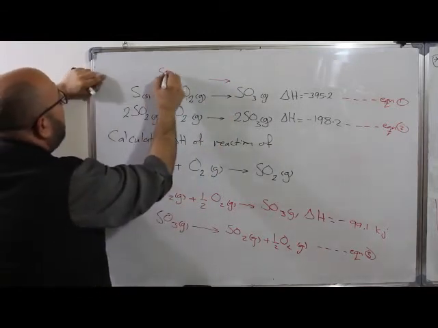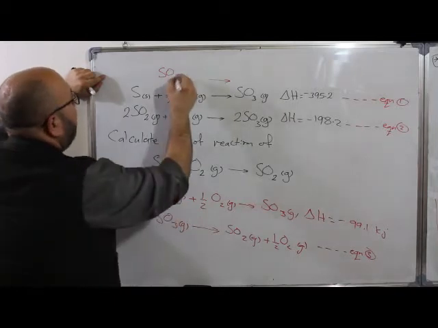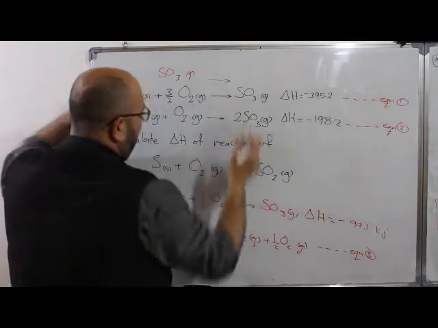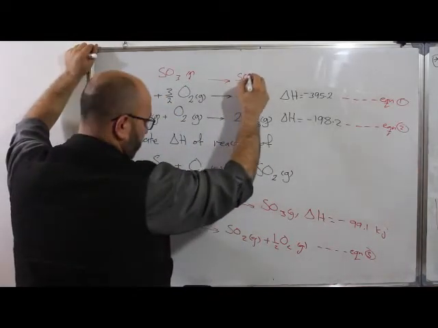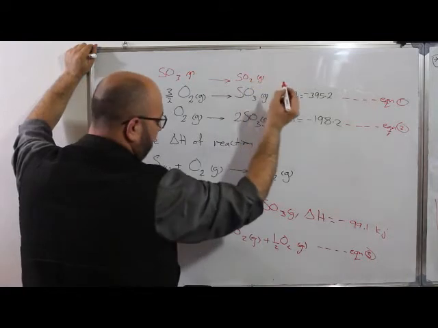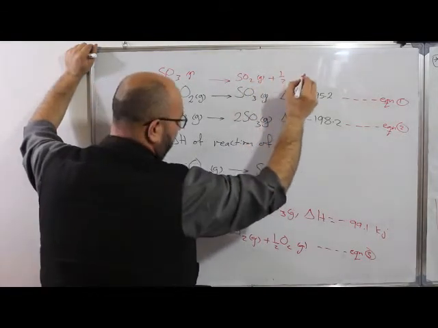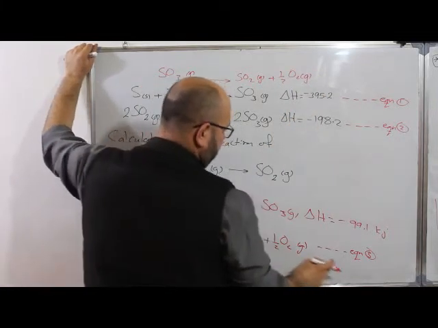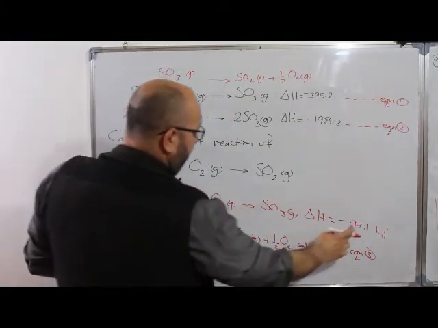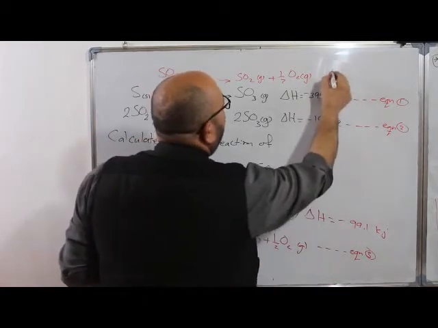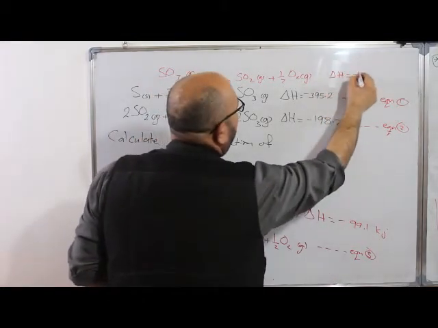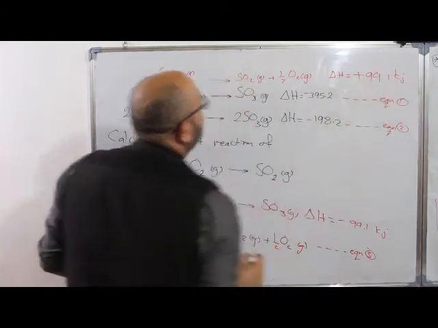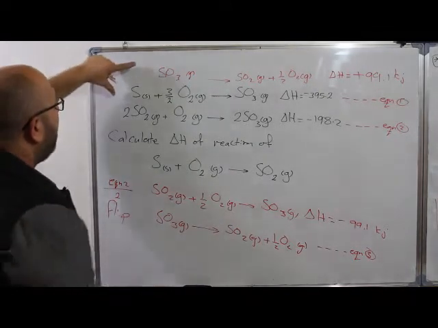SO3, the lonely component of the reactants, copy it there if you please. SO2 in a gaseous state and half of O2 in a gaseous state. By flipping, the heat of this reaction turns to positive 99.1 kilojoule. Okay, here we have.